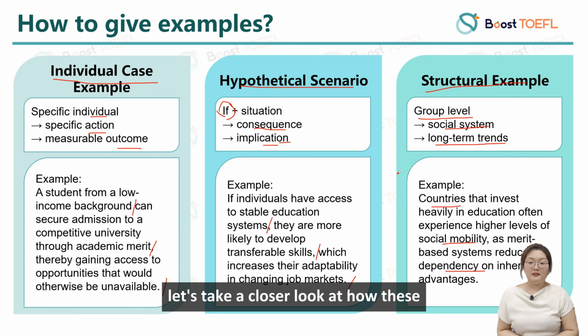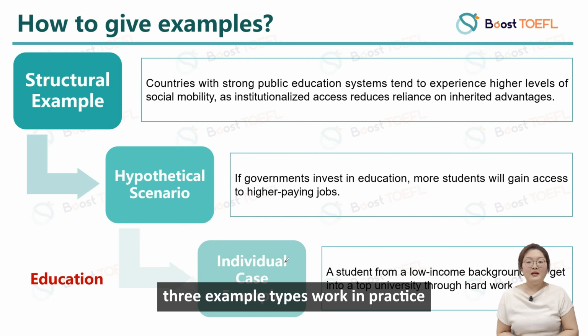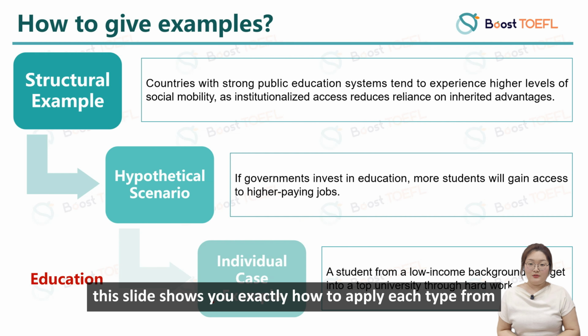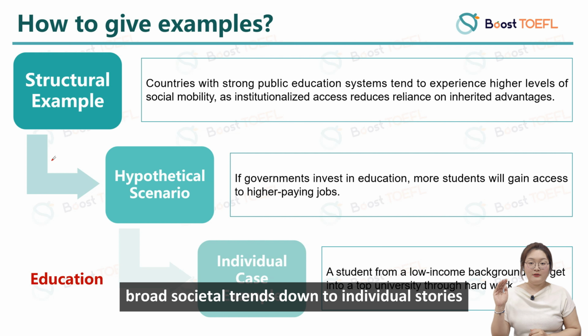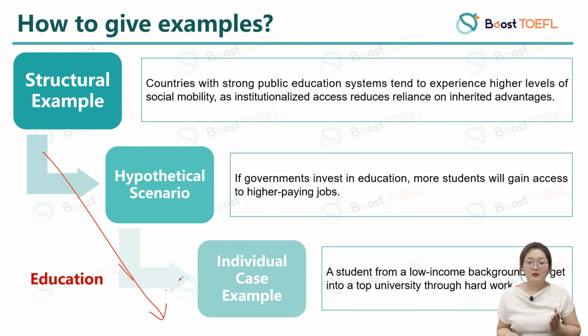Now, let's take a closer look at how these three example types work in practice. This slide shows you exactly how to apply each type, from broad societal trends down to individual stories. So your writing feels layered, logical, and convincing.